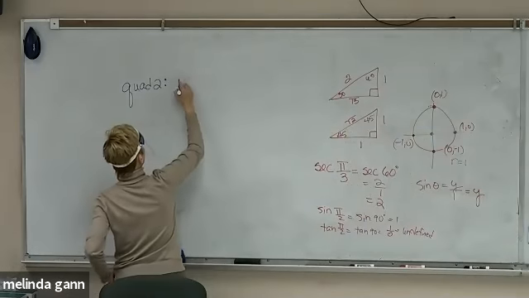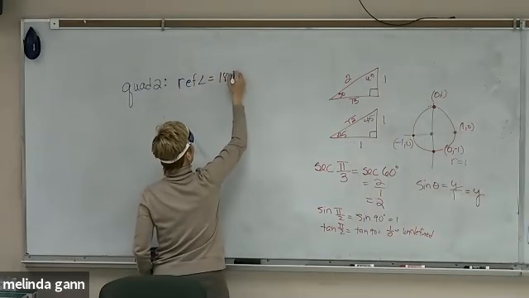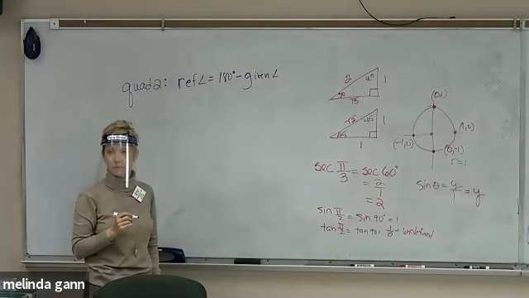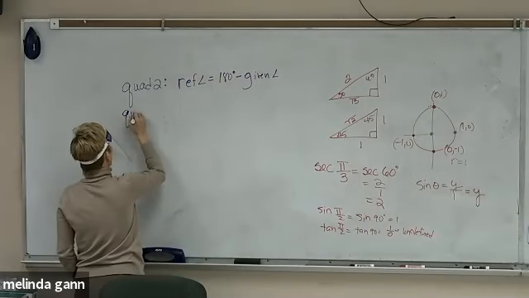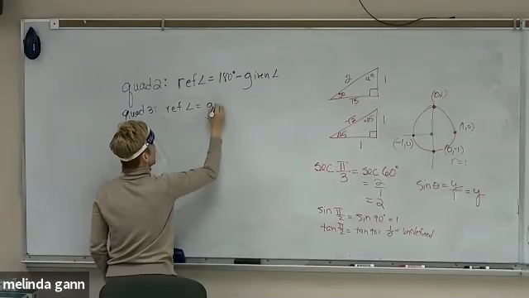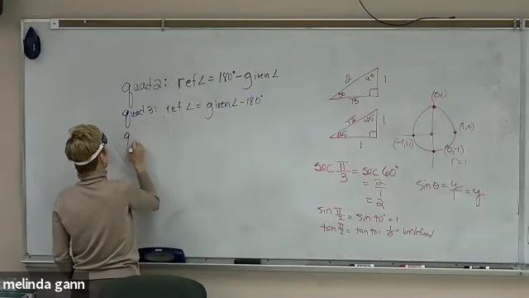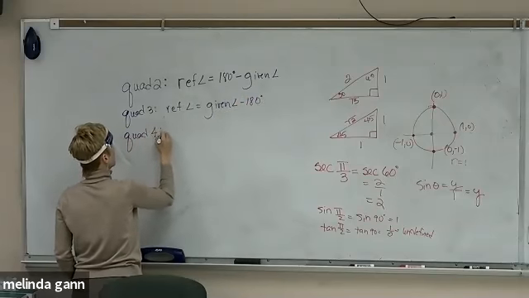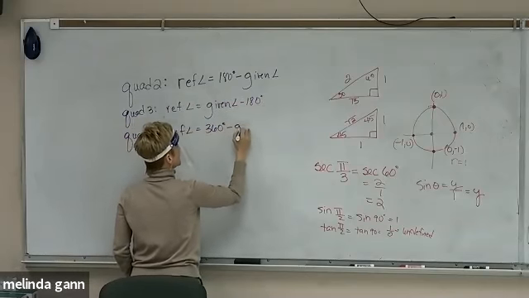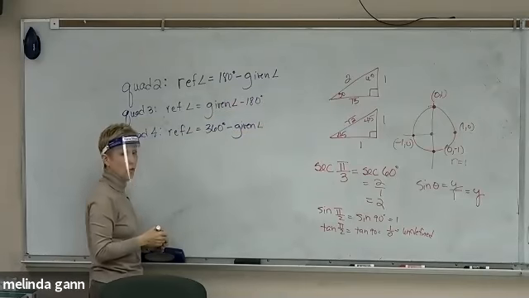In quadrant 2, your reference angle is 180 degrees minus your given angle. If you're in quadrant 3, your reference angle is your given angle minus 180. And if you're in quadrant 4, your reference angle is 360 degrees minus your given angle. So you need to learn those 3 rules.